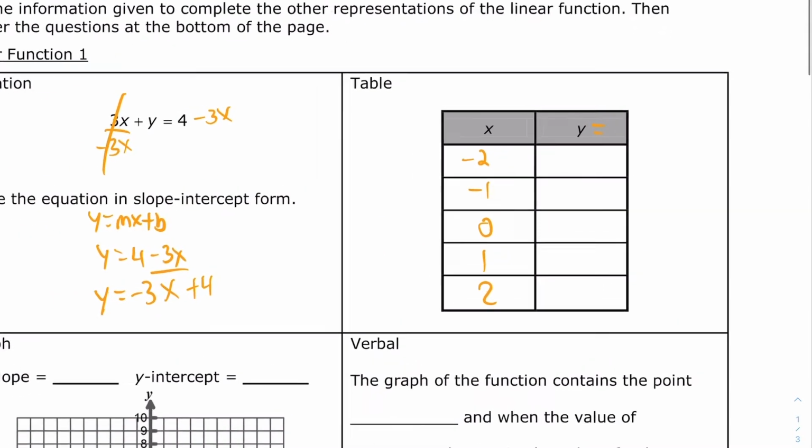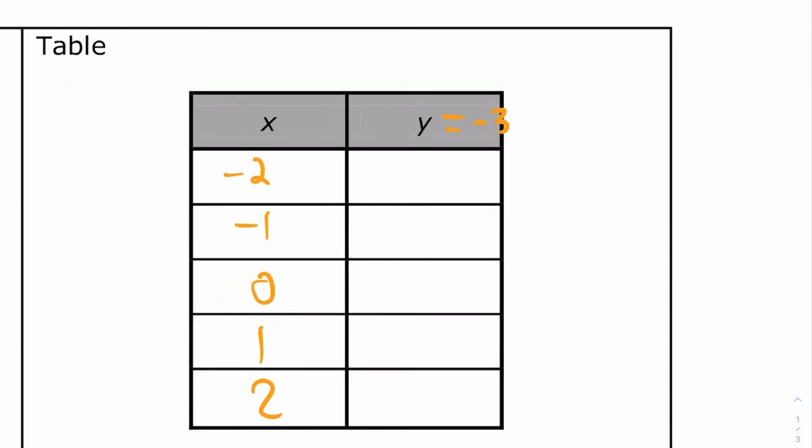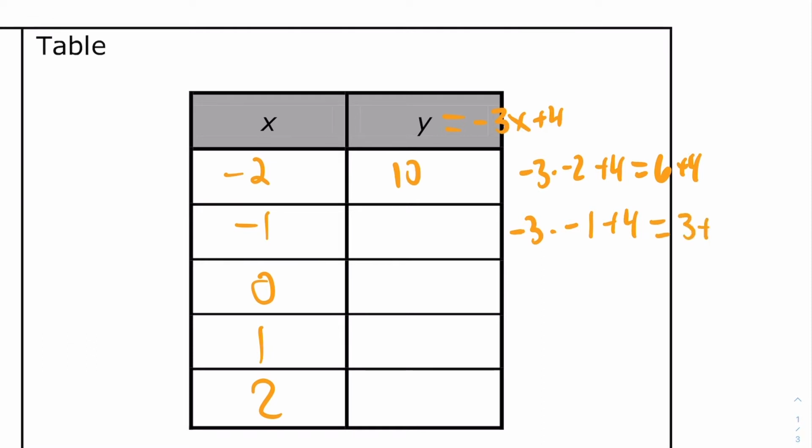We have negative 3x plus 4. Negative 3x plus 4 is how we get y. Alright, so we'll put negative 3 times negative 2 plus 4 is 6 plus 4, and that's 10. Negative 3 times negative 1 plus 4 is 3 plus 4, which makes 7.